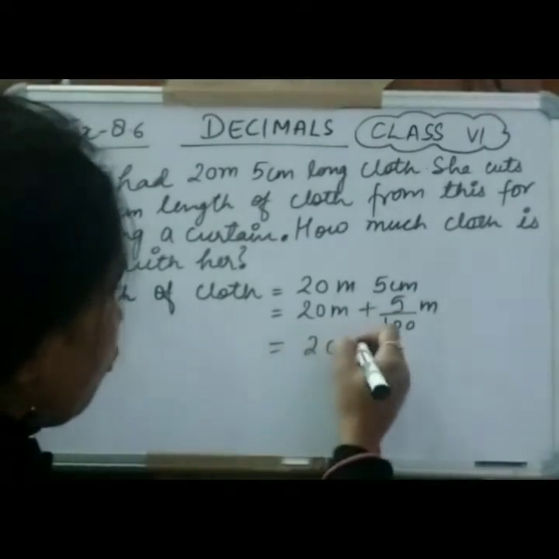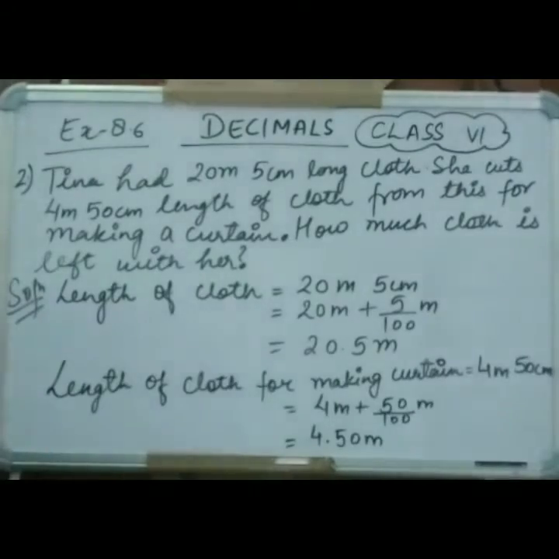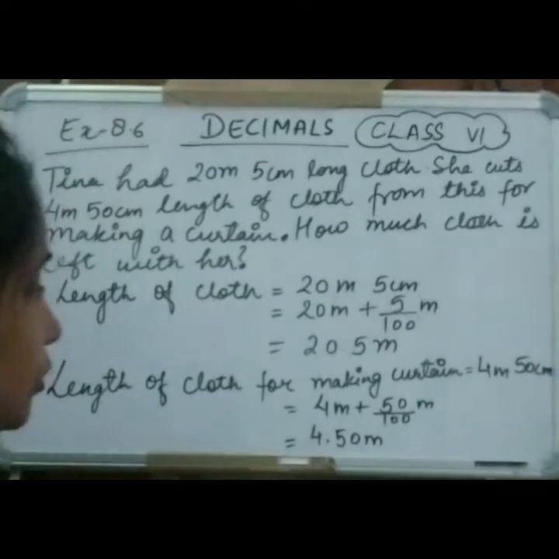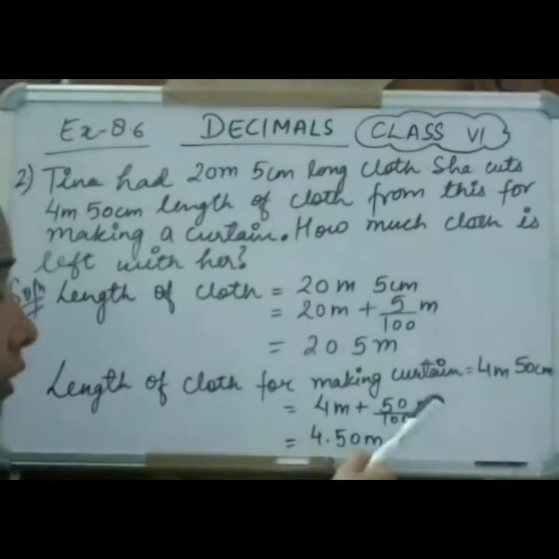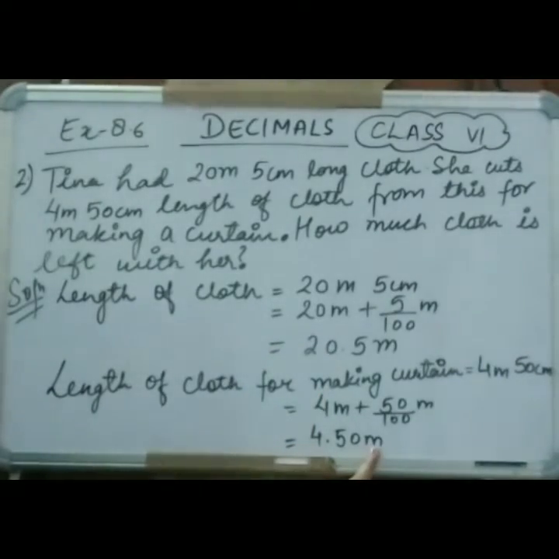It is 20.05 meter. Now length of cloth for making curtain is 4 meter 50 centimeter. So it will be 4 meter plus 50 upon 100 meter, and this one we will convert, and conversion we have done in earlier exercise also. Okay. So these two measurements we have converted into meter.